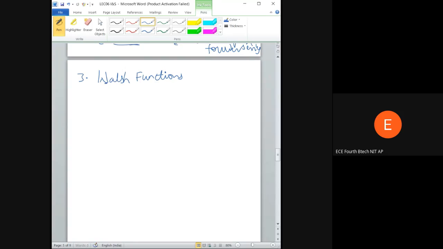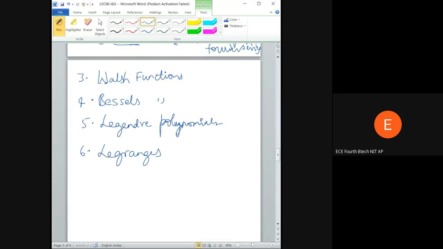Even I myself haven't done them, but I know of them. The fourth one, Bessel's functions. Fifth, Legendre polynomials. Sixth, Lagrange's. Seventh, Jacobi functions. Eighth, Hermitian.